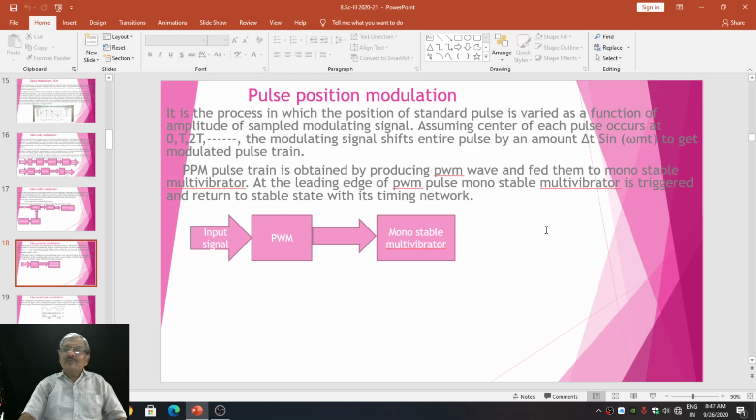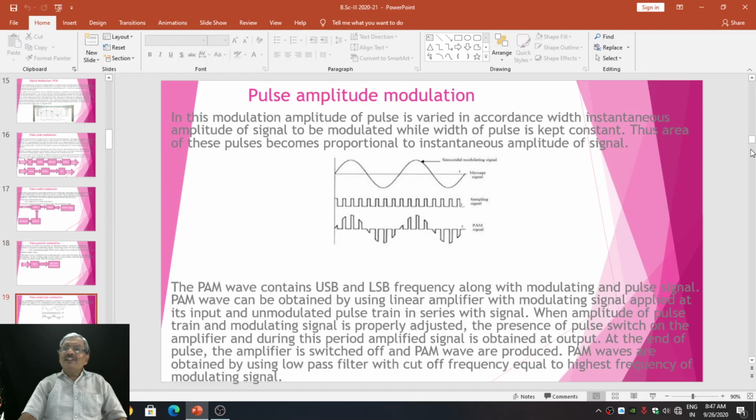Friends, after studying pulse position modulation, we are going to study another technique of digital modulation, known as pulse amplitude modulation. Here the amplitude of the pulse is changed in accordance with the instantaneous amplitude of the signal to be modulated.